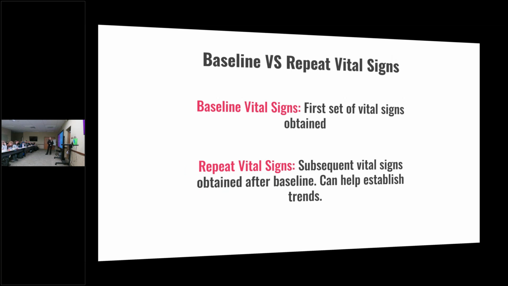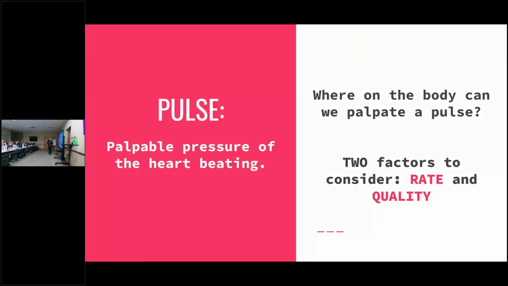So first, we're going to talk about our pulse. The pulse is the palpable pressure of the heart beating. Where are some areas on the body that we can feel a pulse? Radial, carotid, femoral. What about pedal? Pedal pulses, popliteal. I think that's on the back of your knee.